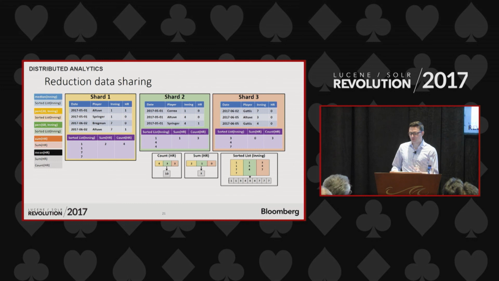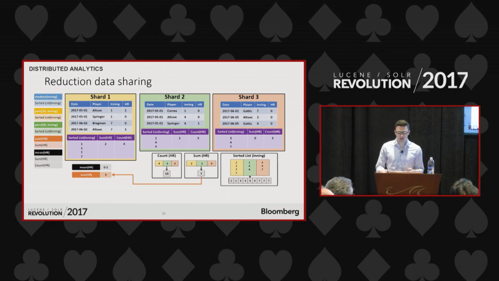So now we have 3 sets of reduction data that have been computed across the shards. And the reduction functions can now just look at this reduction data and use what they need. So mean of home run would take the sum of home run and divide it by the count of home run. The sum of home run would share with mean of home run and just use the sum of home run.